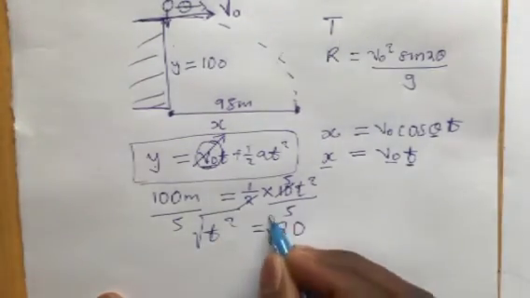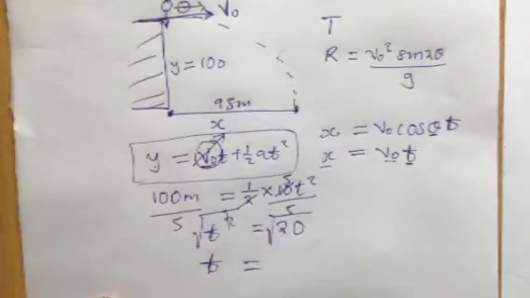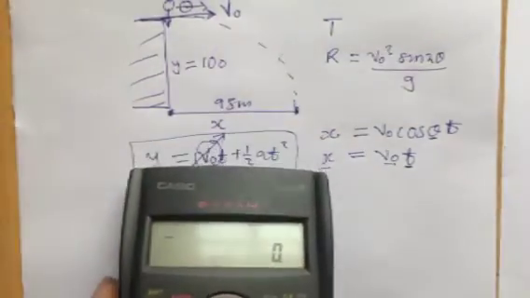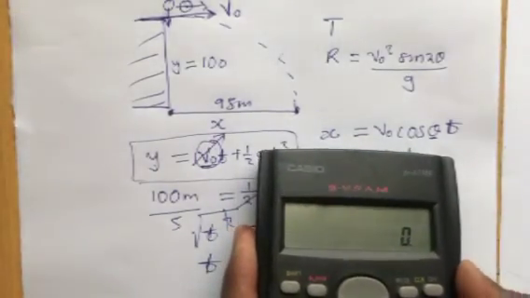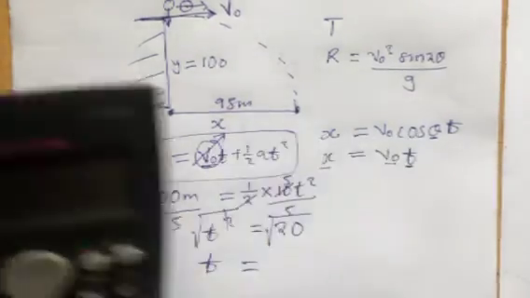You take the square root, and square root of 20 gives 4.47 seconds.